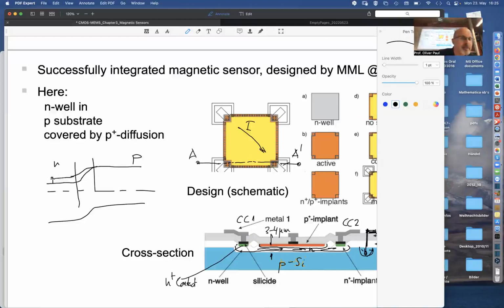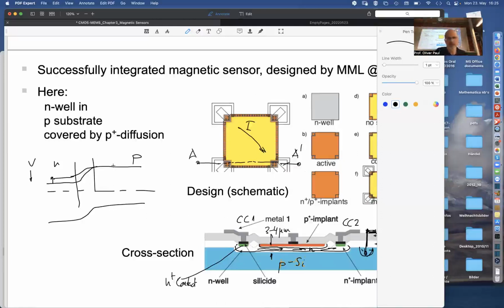So that means that the energy of the electrons on the n side needs to be increased, which means that the voltage needs to be more negative, because minus Q times voltage gives the energy of the electrons. So the voltage goes down in forward direction. So this is forward. So that means that P must become more positive, and then you're in forward direction. Okay, so my guess was right.